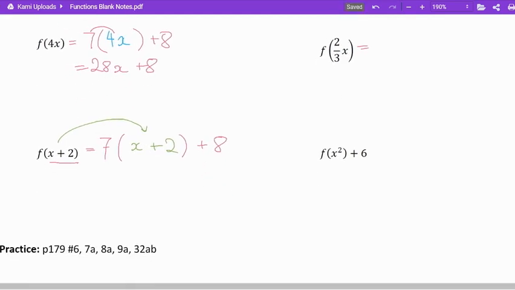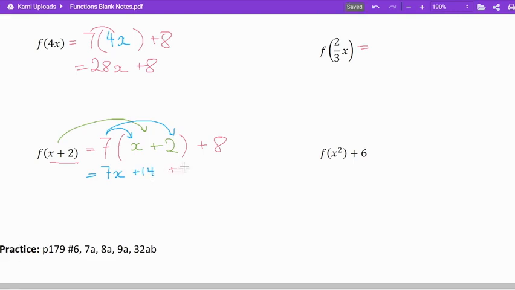What do I do? What do I do, Miss Sly? Well, we just follow our knowledge of algebra. So if you were to just look at this expression and I was to say simplify, what would be the first thing you do? Oh, well, I would expand using the distributive property, right? 7 times x, well, that's 7x. 7 times 2, well, that's 14.